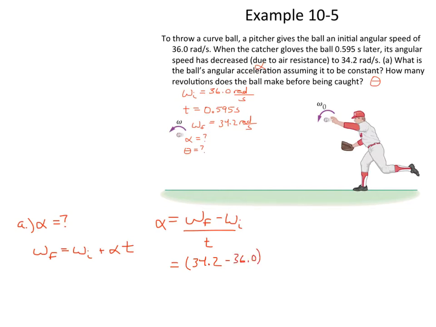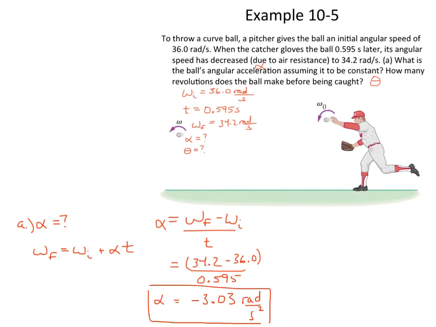Yep, that's going to be negative, divided by the amount of time, 0.595 seconds, and that gives us an angular acceleration of negative 3.03 meters per second squared. No, radians per second squared. Radians per second squared, and that is our alpha, our angular acceleration.